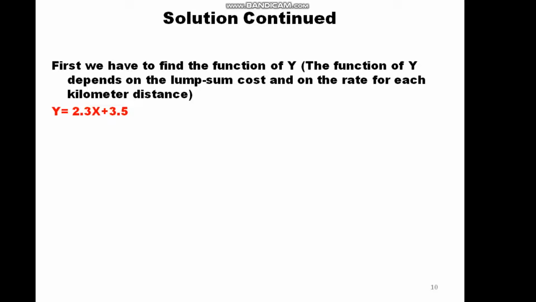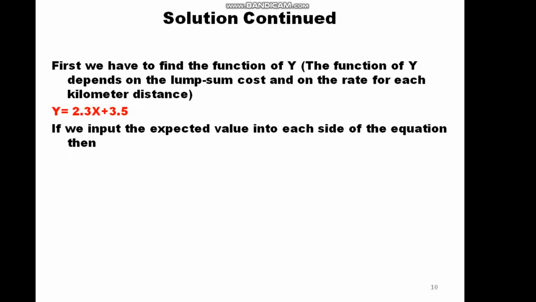Then y equals 2.3x plus $3.5. If we take the expected value of each side of this equation, we find that the expected value of random variable y equals the expected value of 2.3x plus the expected value of 3.5.